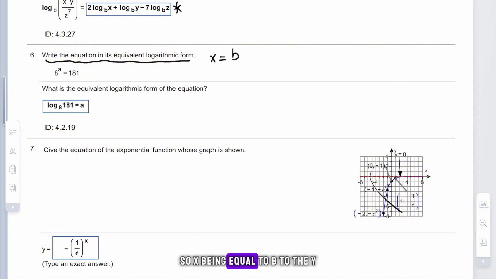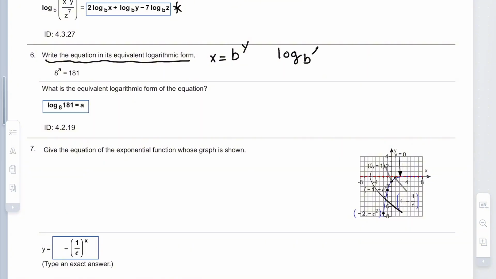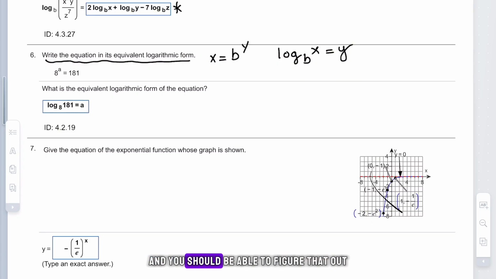So x being equal to b to the y. And it is good to have this handy. So log base b of x is equal to y. So you just substitute the values in and you should be able to figure that out.